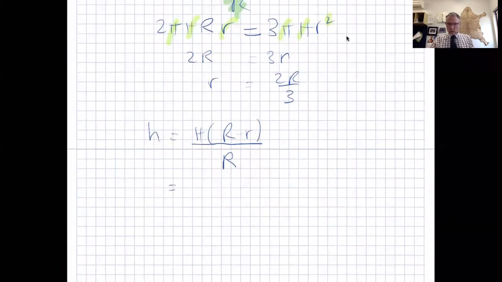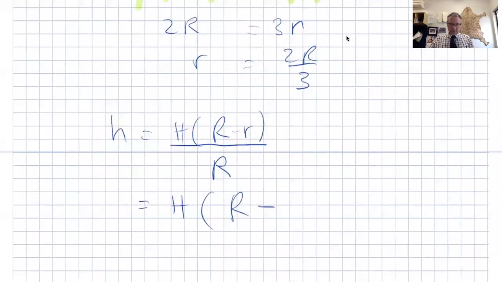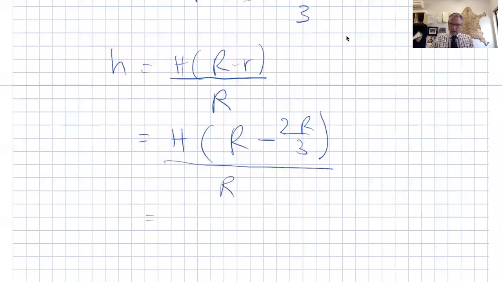So h is equal to H times R minus, now the r there is equal to 2R over 3, all of that over R. So R minus 2R over 3 is 1/3 R, over R. The R is cancelled, and we're left with H over 3.